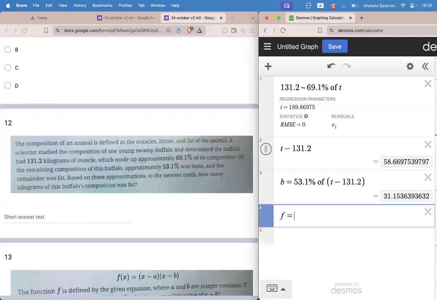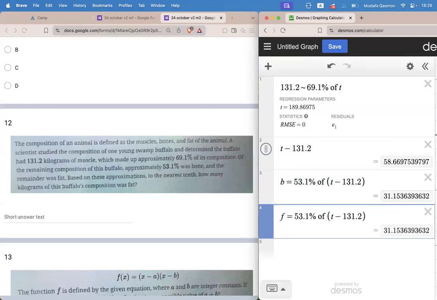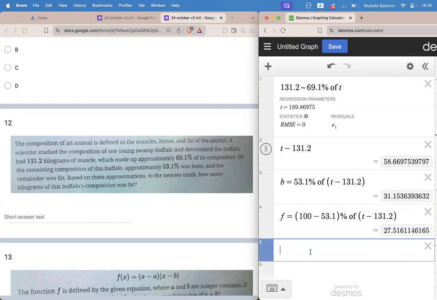And for fat, it is again this expression, but because it's the remaining, it's automatically the remaining, since we don't have more than this. It is 100 minus 53.1% of that one. And because it's the nearest tens, you must write 27.5 here, or you must write around F1, I think. Yeah, like that. Any question?